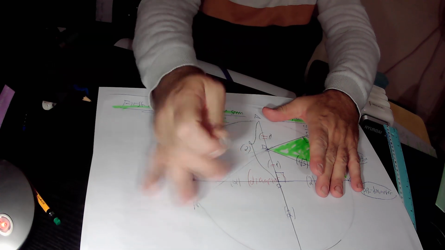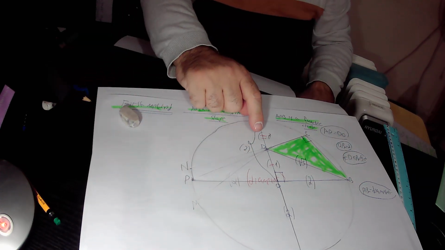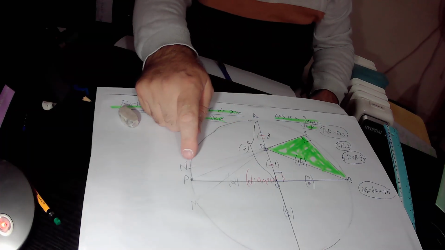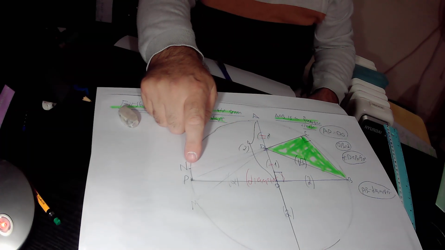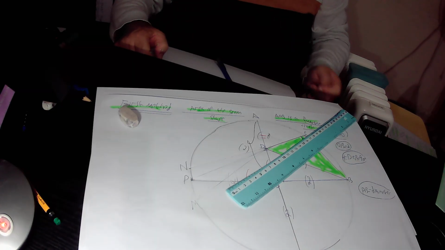And therefore, we have to conclude that the extended side CD will touch the circle at point P and not in any other point, due to the contradiction to rule 5.